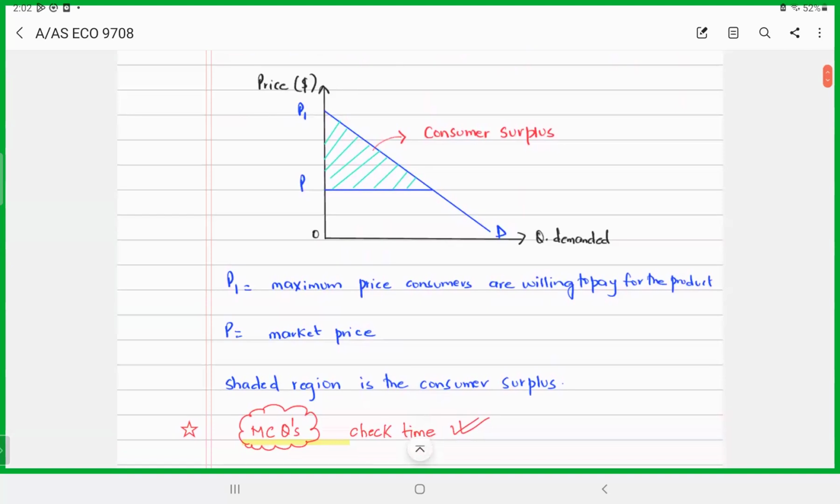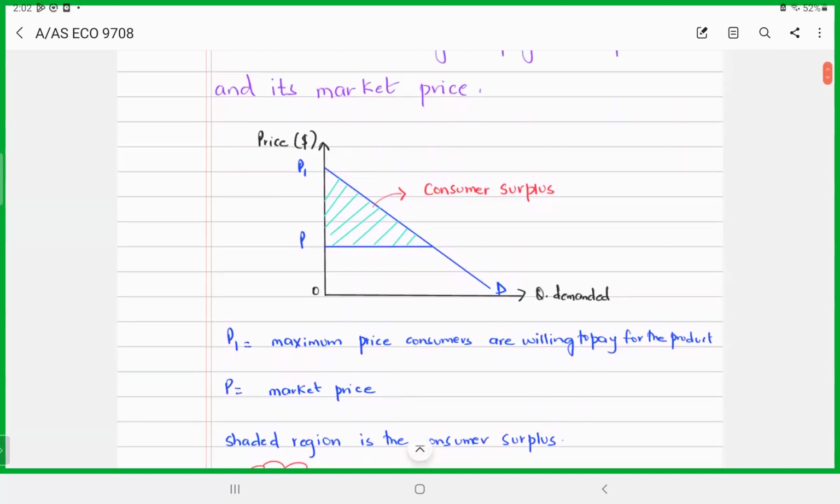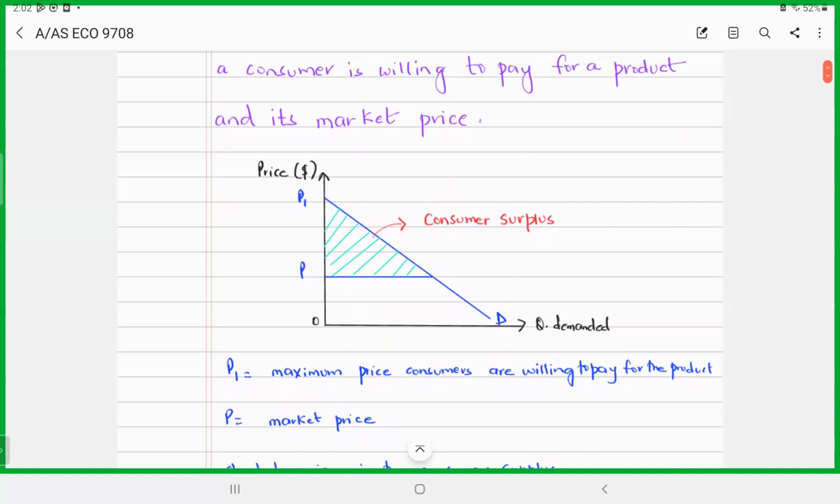All right. Now, this consumer surplus is frequently tested in your MCQs, and an easy rule of thumb to remember what consumer surplus is, is that it is the area under the demand curve and above the market price. And this is what the shaded region is telling you.